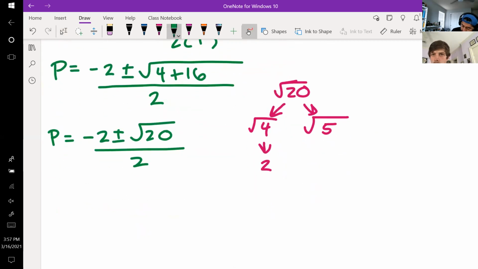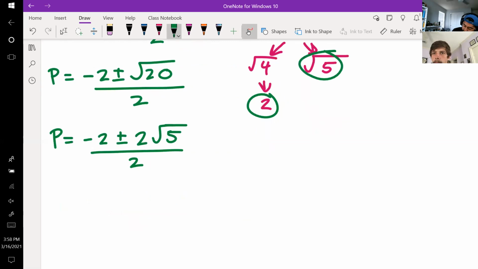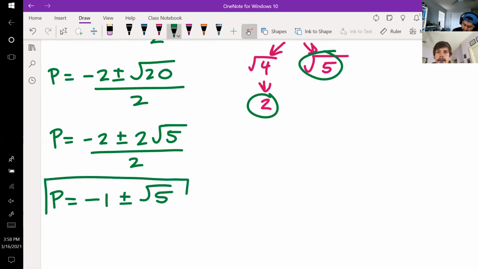So this means you'll end up with P equals -2 plus or minus 2 square root 5 over 2. And once again, reduce everything by 2. And our final answer is P equals -1 plus or minus the square root of 5. There we go.